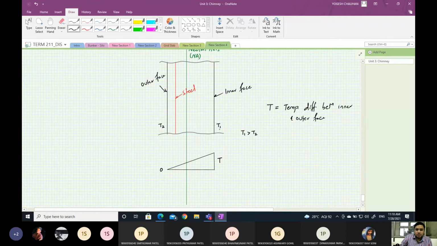So T is the temperature difference, where T equals T1 minus T2.